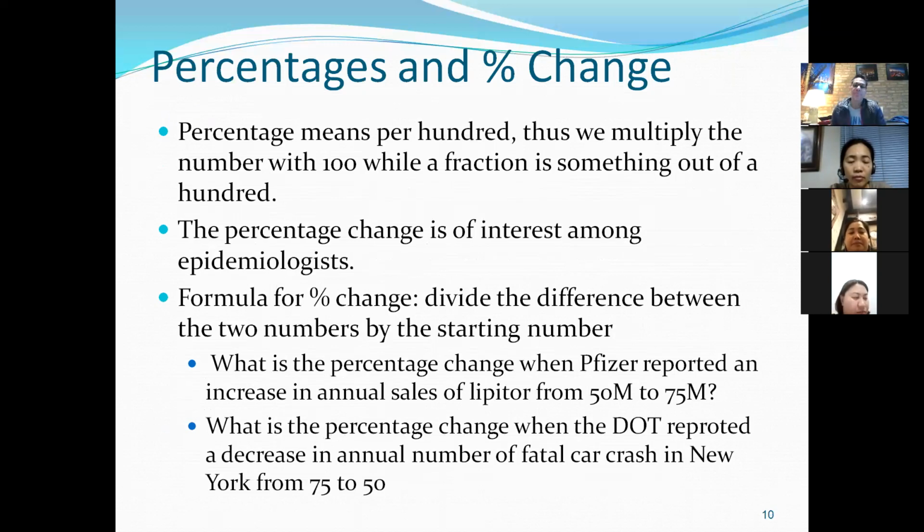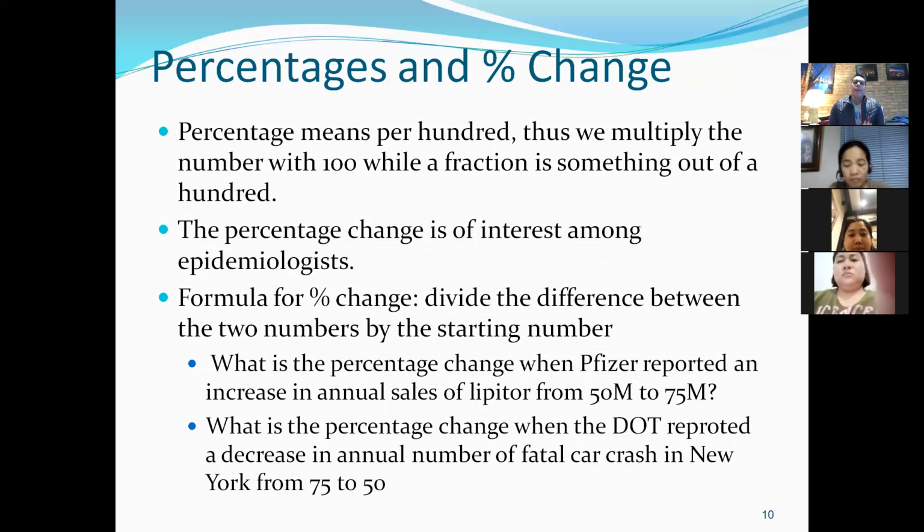For example, using the formula for percentage change, which is dividing the difference between the two numbers by the starting number. So this can be tricky. Divide the difference between the two numbers by the starting number.